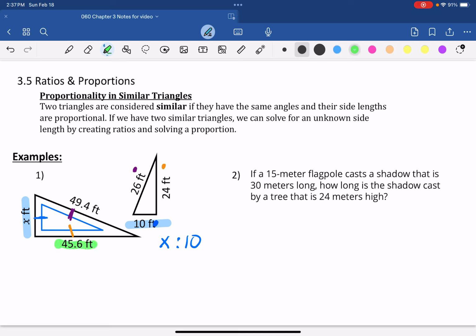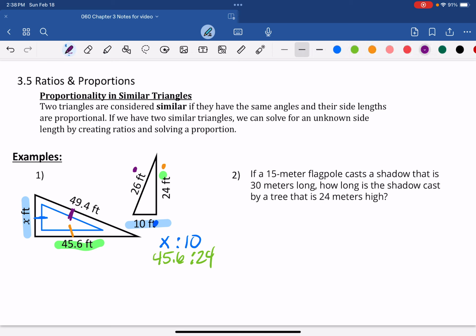But I'm going to look for this side, which is the orange side, it looks like. So my second ratio is 45.6 to 24.